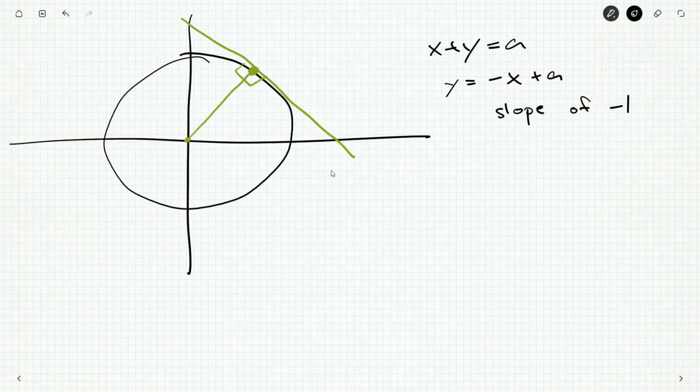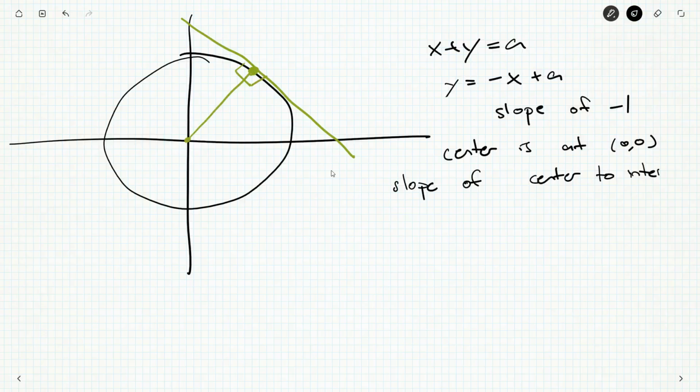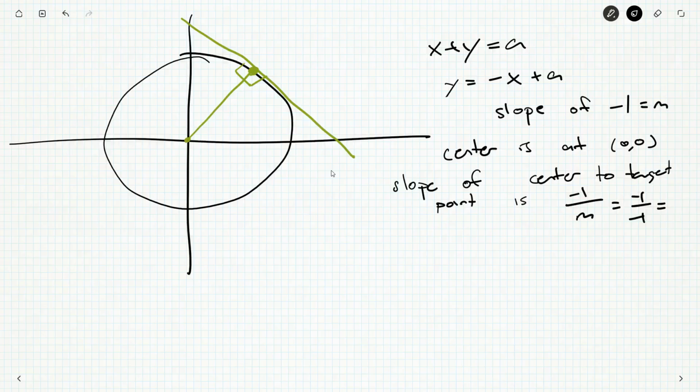So, center is at 0, 0. Slope of center to the intersection point, or tangent point, is the negative reciprocal of our slope here, which is negative 1 over negative 1, which is 1.